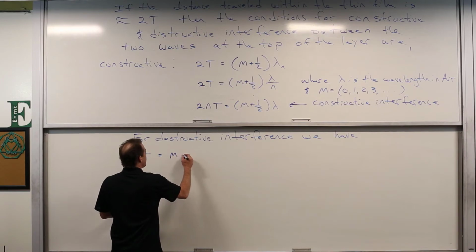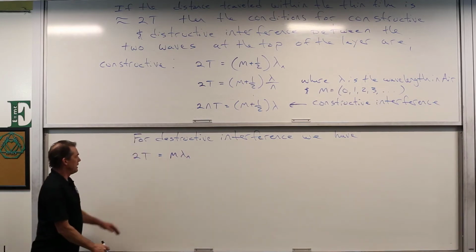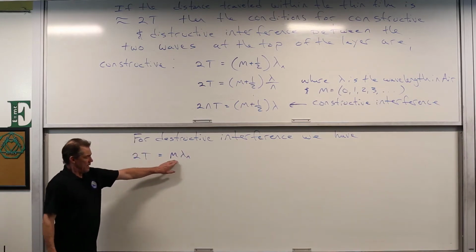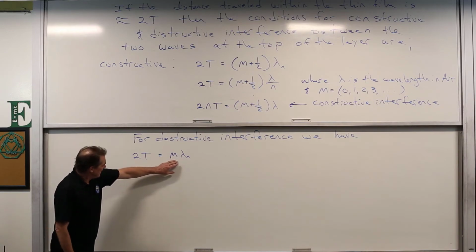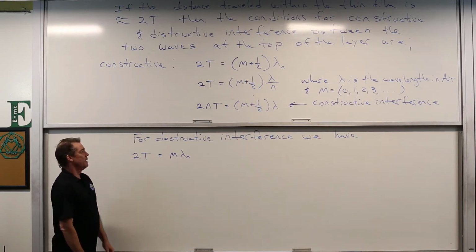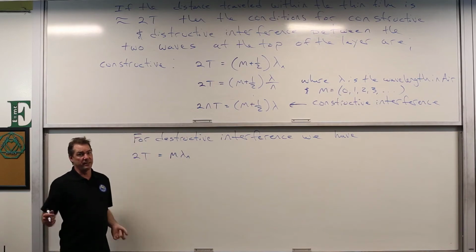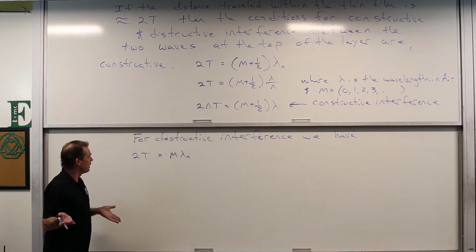So I have m times lambda sub n. Again, if it's an integer multiple of lambda sub n, and one's already undergone a phase shift, they will meet up out of phase by 180 degrees.